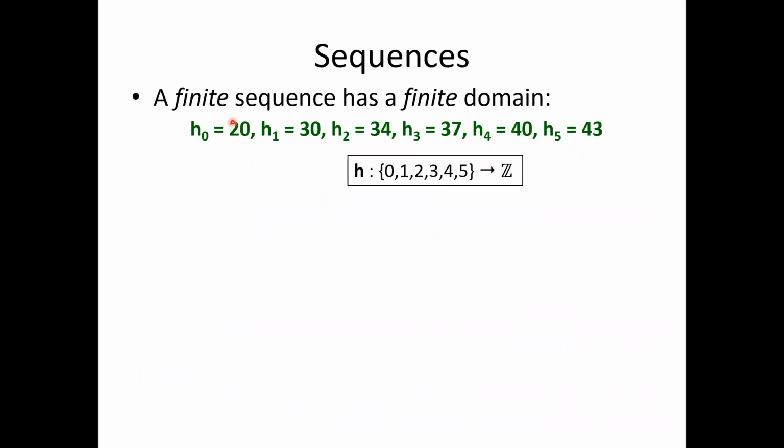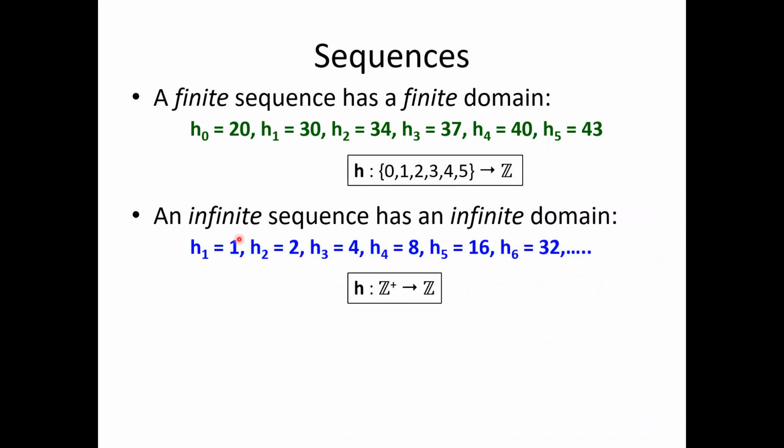So a finite sequence has a finite domain. If you have a sequence of 6 integers, it's a function that takes 6 consecutive integers as its domain. But you can have an infinite sequence.